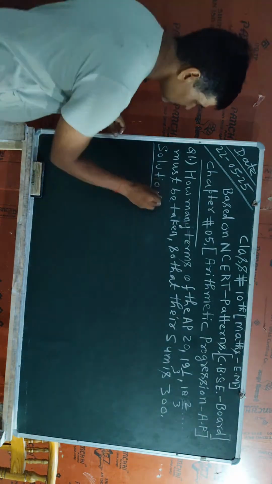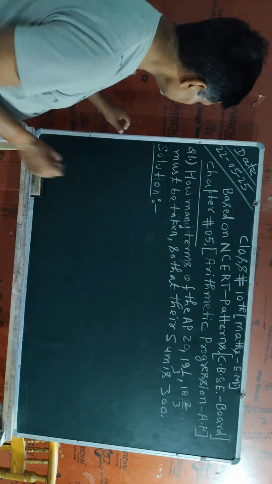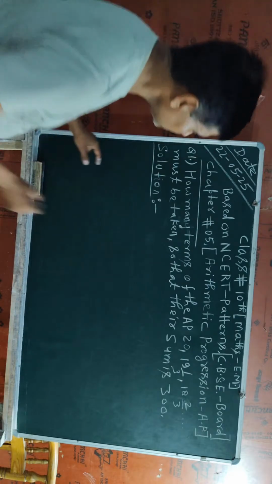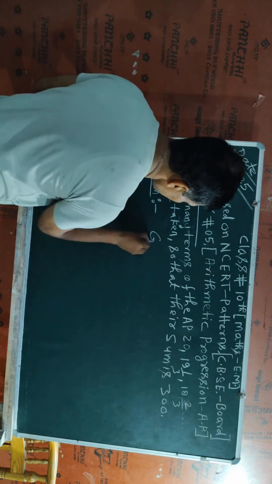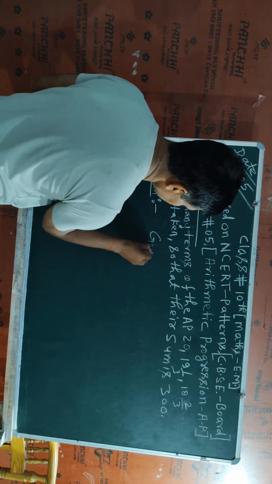Okay, student. Now here I have written. First of all, the student has to write here Solution, and then write Given that. All the information given in the question, the student has to write properly here.